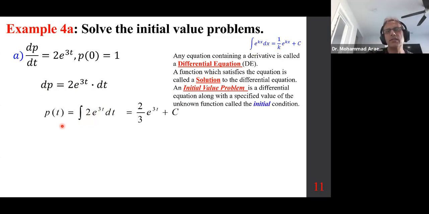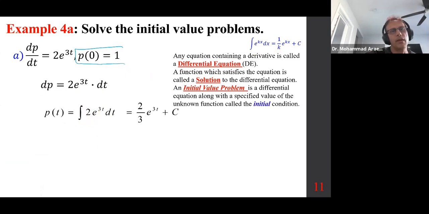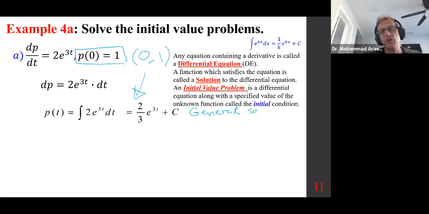Now, what is this initial value problem? There is a pair here, and I hope you realize the pair means 0, 1. So basically, you plug in the pair and it gives you the constant. What you have right now is called a general solution, which means it's a family of solutions, which means there are infinitely many solutions because of the constant c.